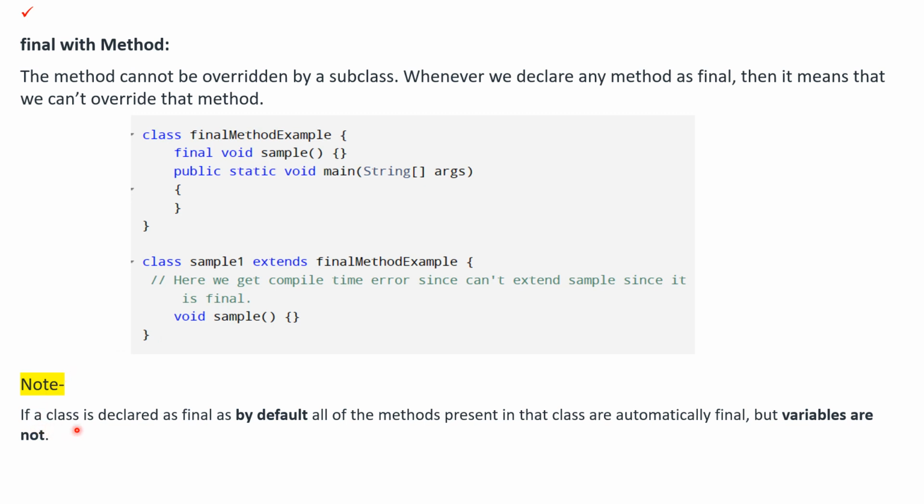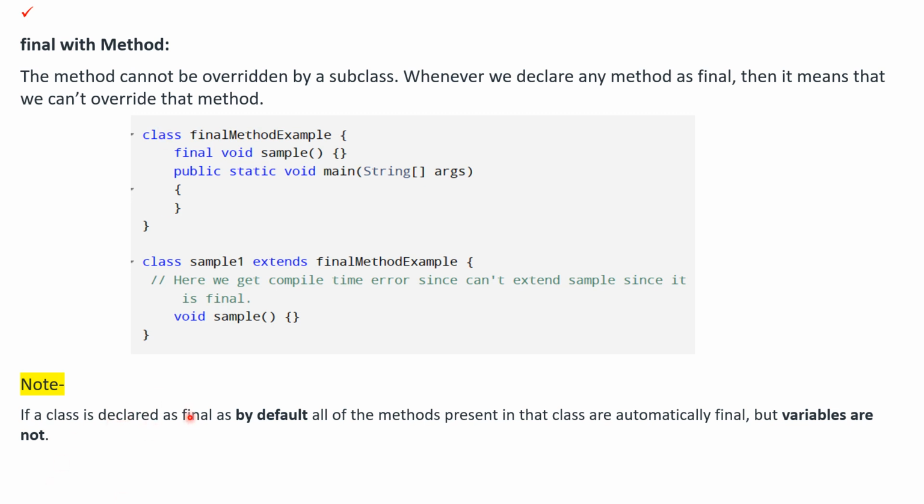So note, if a class is declared as final, as in the last example we have seen on how to declare a class as final, then by default all of the methods present in that class are automatically final. Here I have declared this method final, but the class is not final.